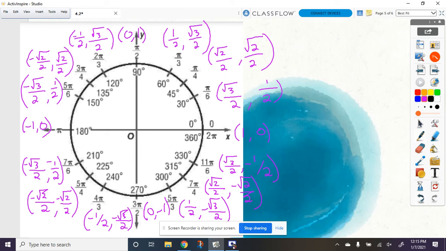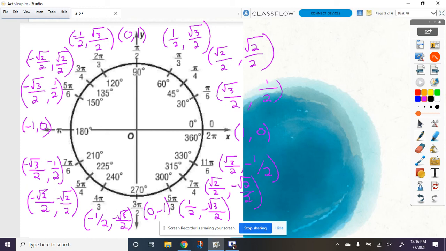Because then remember in our video from there, we talked about how to find all of our other angles by adding 90 or adding 180, right? And then we just talked about once I have my ordered pairs for each of these, we can find all of the other ordered pairs. So memorizing that first quadrant and then just making sure you know how to find all of the other ones. Are we all with me?